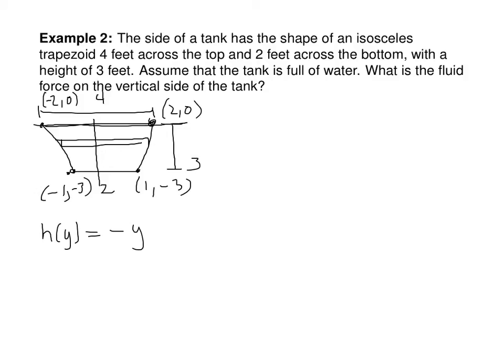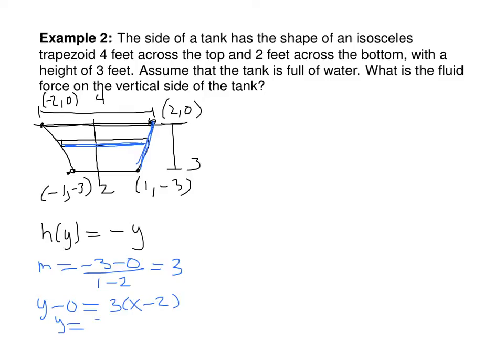What I need to do now is to find a formula for the area, for the length of this piece. And you can do that using the fact that this is a line. So first find the slope of that line. m will equal negative 3 minus 0 over 1 minus 2. So m is equal to 3. The equation of the line will be given by y minus 0 equals 3 times x minus 2, or y equals 3x minus 6.